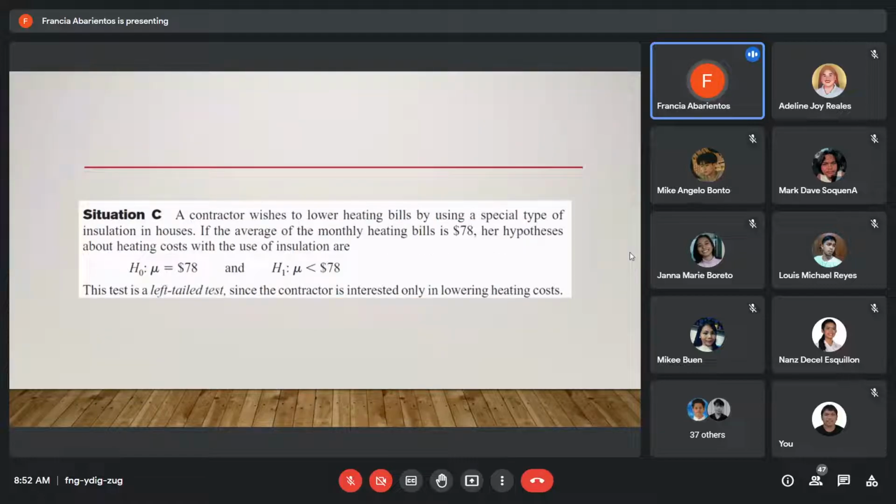While in situation C, take note, we have the different hypothesis testing common phrases. In situation C, a contractor wishes to lower heating bills by using a special type of insulation in houses. If the average of monthly heating bills is 75 US dollars, her hypotheses about heating costs with the use of insulation are as follows. Always, your null hypothesis is equal to the mean. And we also have the alternative hypothesis.